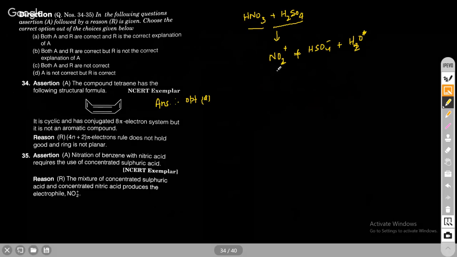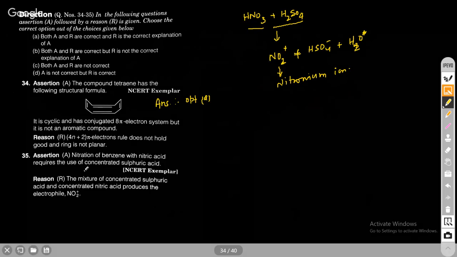We call it the nitronium ion. Now this ion attacks the benzene ring and the reaction proceeds, right?